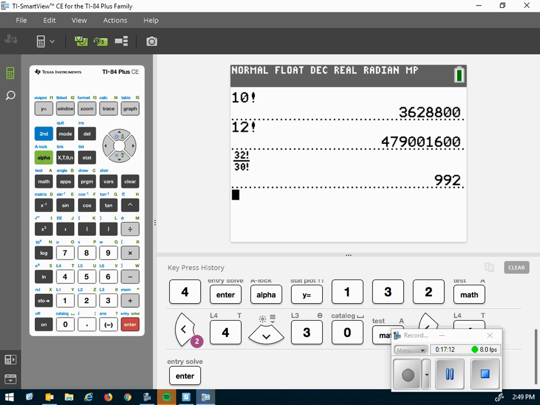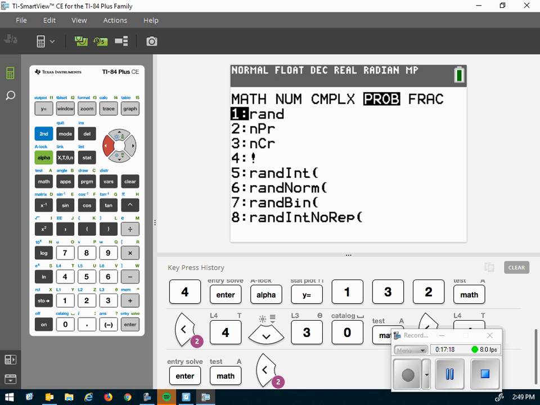Now, I want you to go back to the probability screen. Look at option 2.